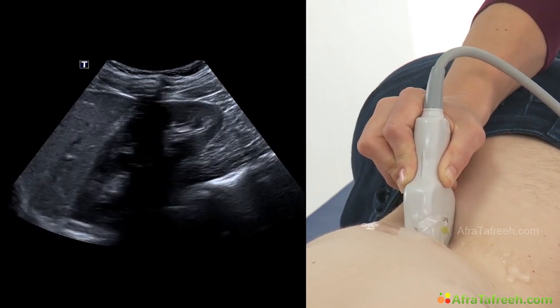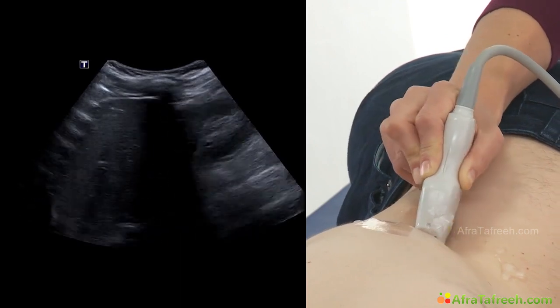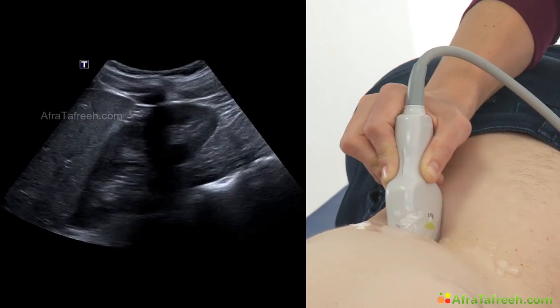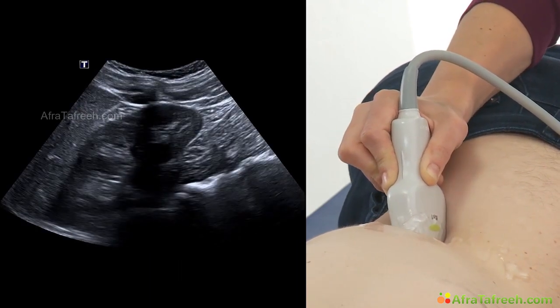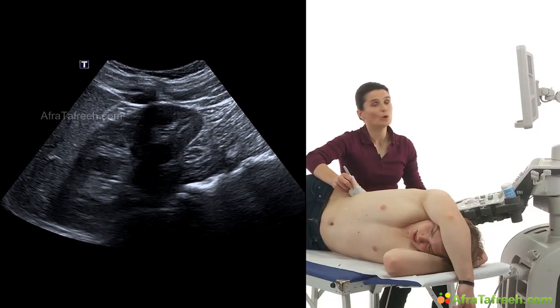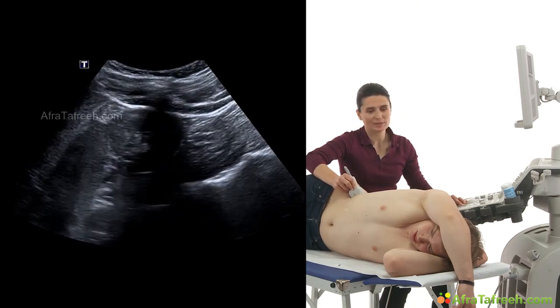Exhale again. And inhale. Until I've got a good view of the right kidney in the longitudinal plane again. Inhale, please.